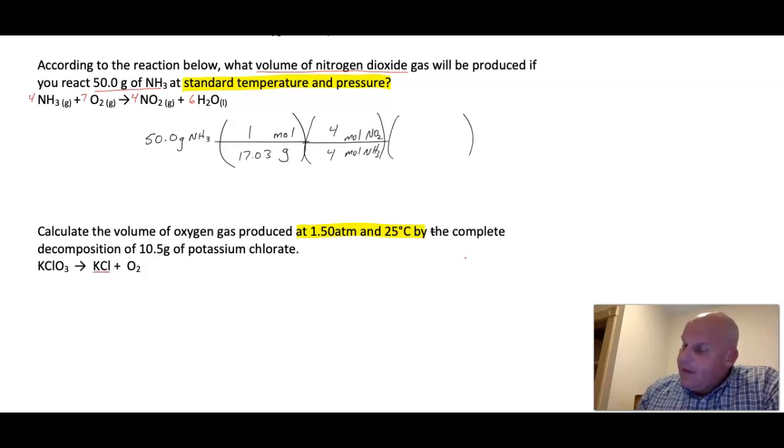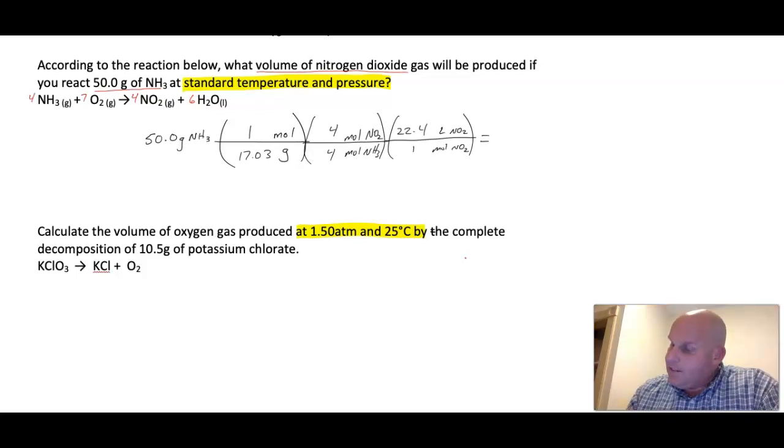And now I can convert from moles of NO2 to liters of NO2 using the molar volume of a gas, 22.4 liters. We would get 65.8 liters of NO2 as our answer.